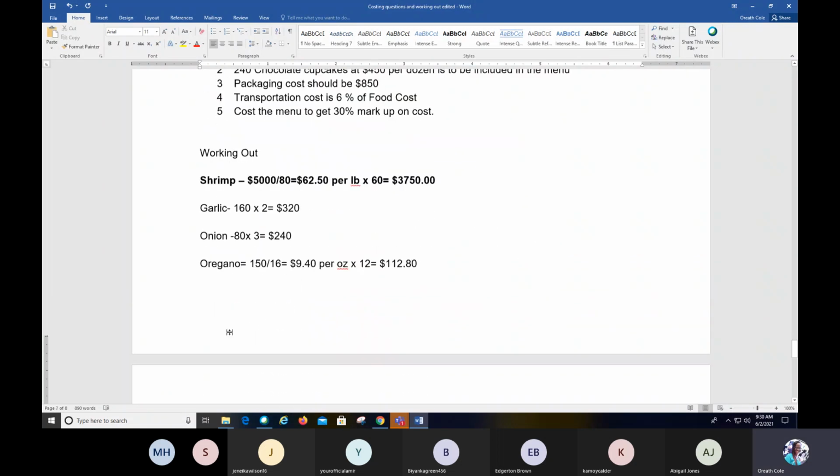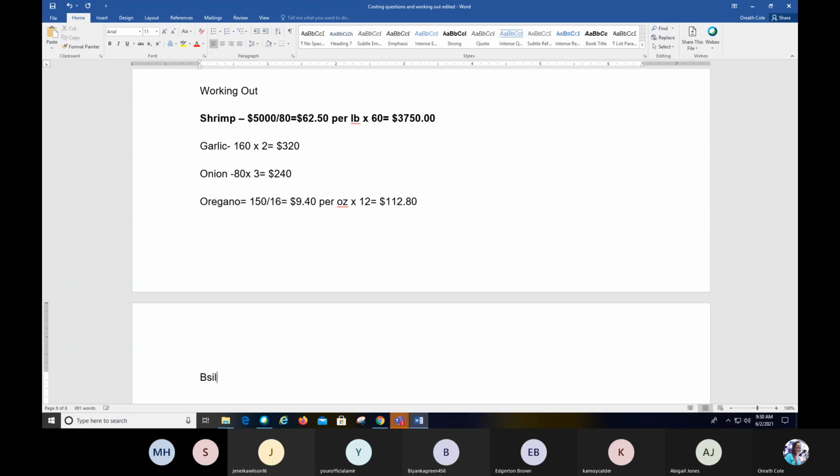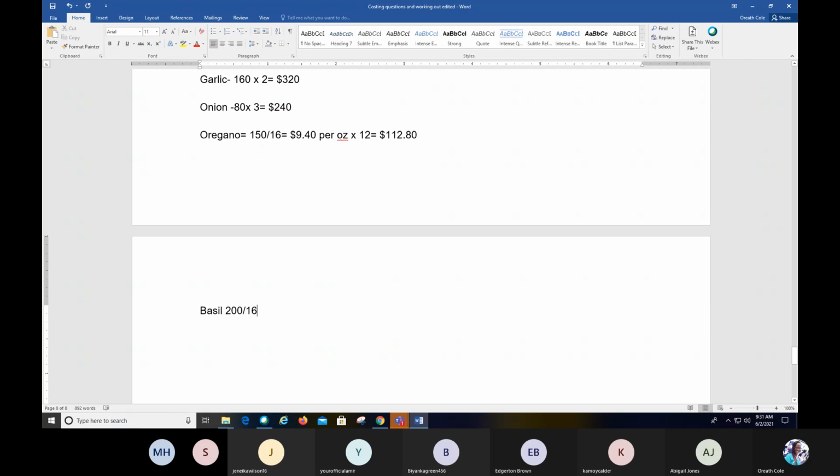Go ahead. The 200 divided by 16, and you get $12.50 per ounce.